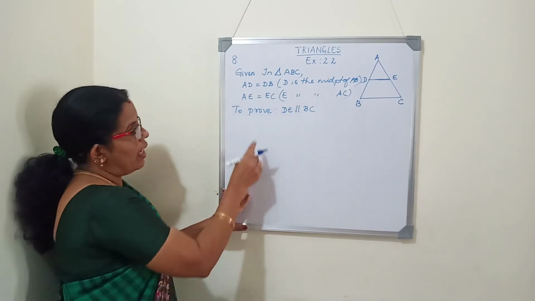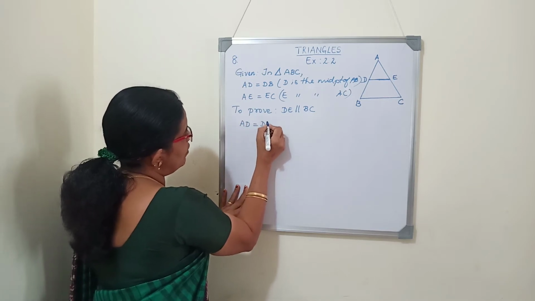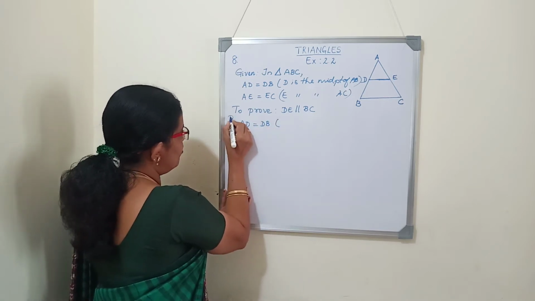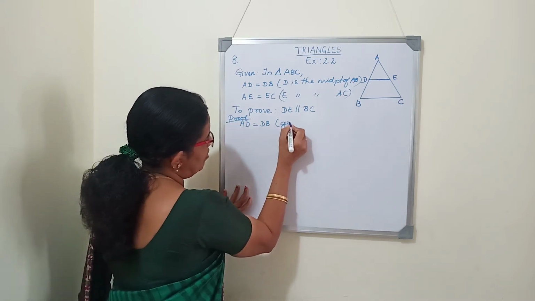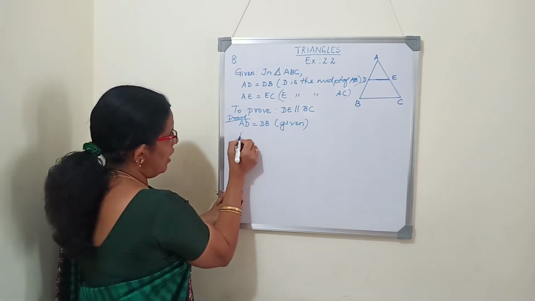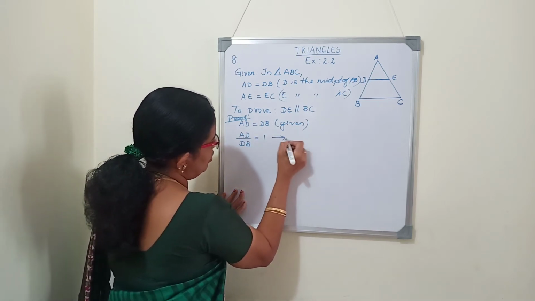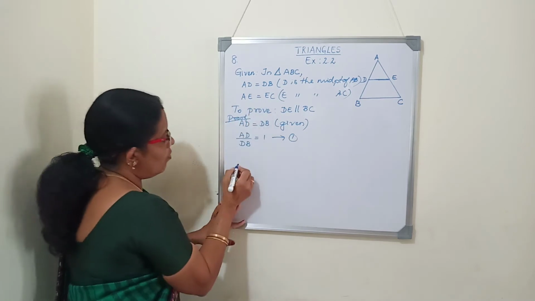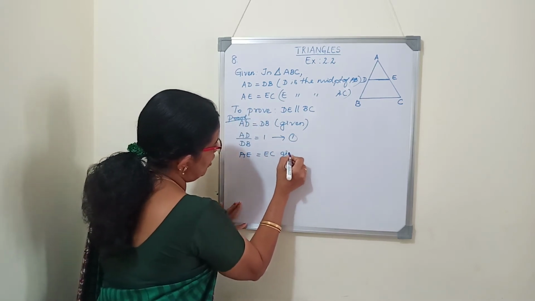So same way like the last sum, we will write what is given first. AD is equal to DB. Proof. Given. So we can write AD by DB is equal to 1. Equation 1. Now the second one, AE is equal to EC. This is also given.